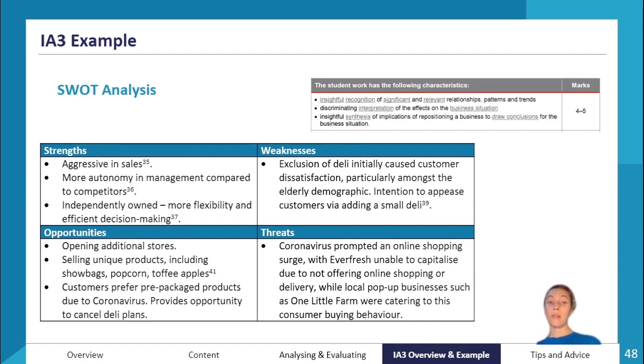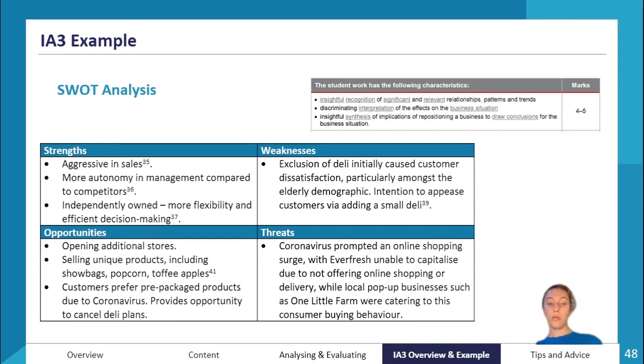So some strengths: aggressive in sales, more autonomy in management compared to competitors, a smaller business that has less layers, less complicated. Weaknesses: they don't have a deli. That caused some customer dissatisfaction. So you can see how we're providing more information than just saying exclusion of deli. We're giving a little bit more context to explain why we've included that in this case. Why is it a weakness?